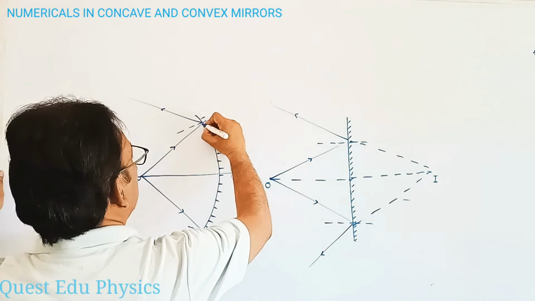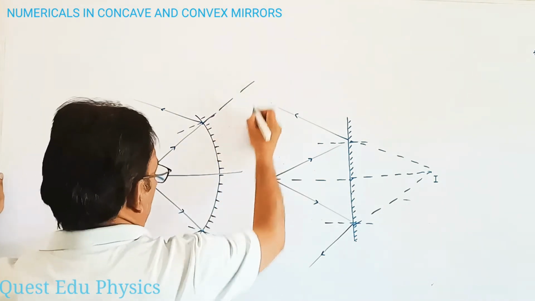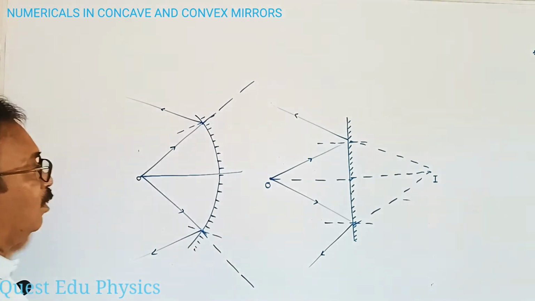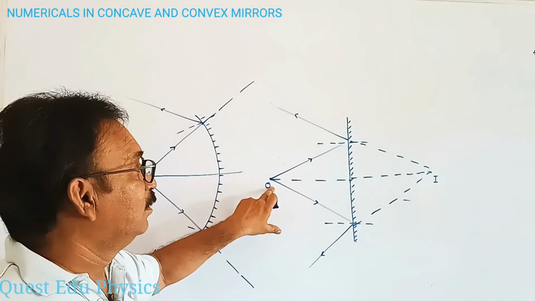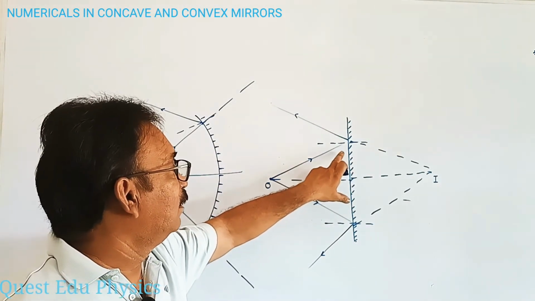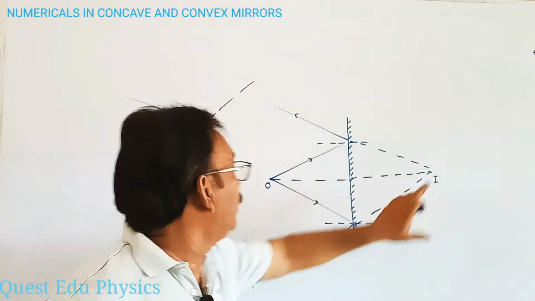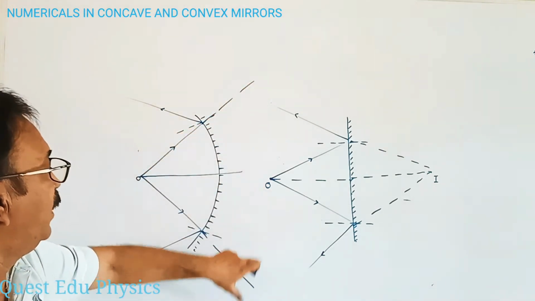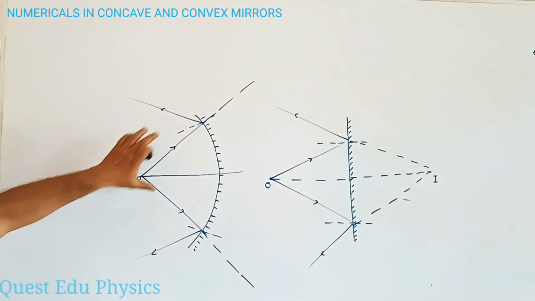Now see, extend this one, the rays which are coming from the object. Okay, students, see this. When it is the plane mirror, it appears to be meeting here. See, here in this one, the range is increased here also. The same thing is happening.